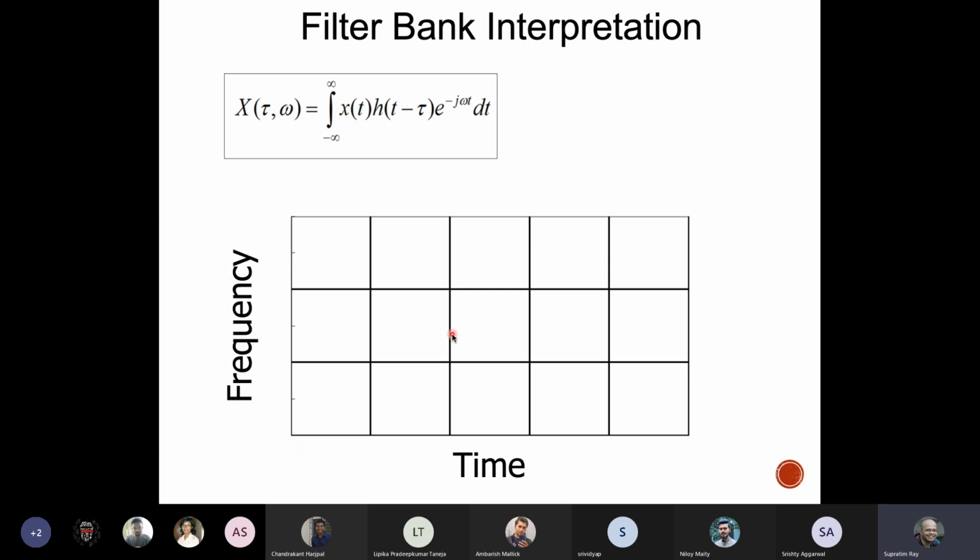So when we say a band pass filter between 50 and 60 hertz, essentially I am saying let me look at the 50 to 60 hertz component of the signal. That's what a filter is going to do. It's going to filter out everything else and show you just the component of the signal between that particular frequency, 50 to 60 hertz.